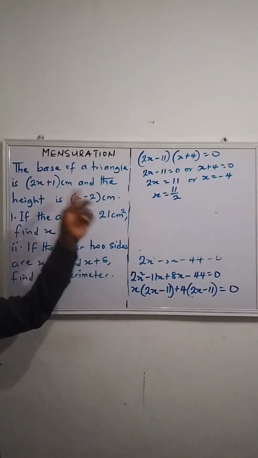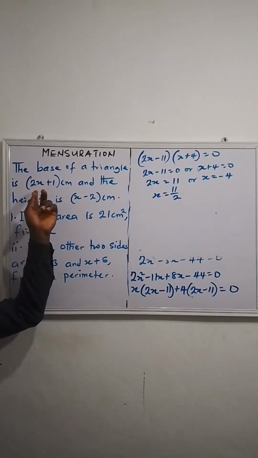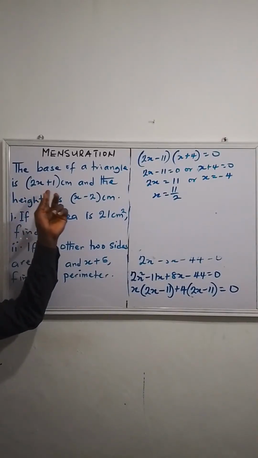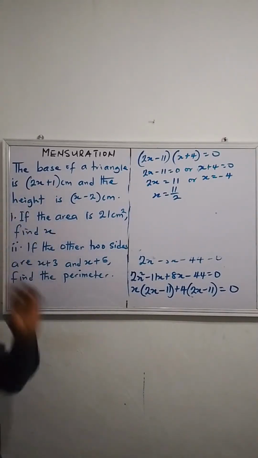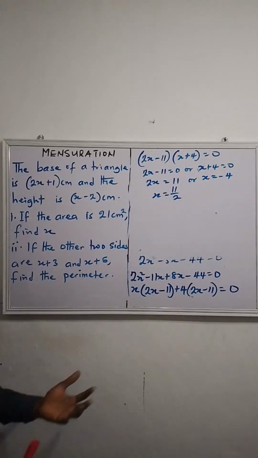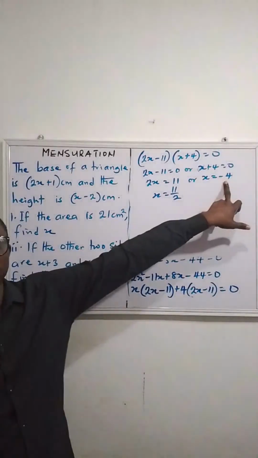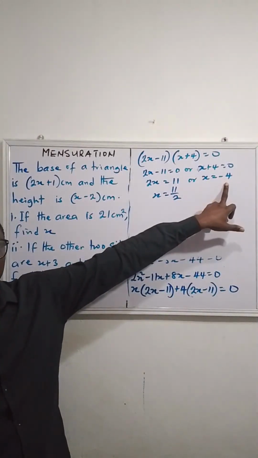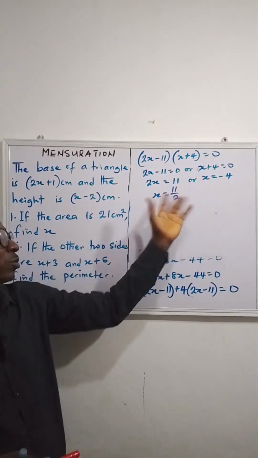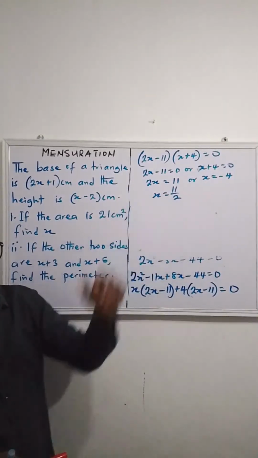When you input negative 4 here, we have negative 8 plus 1, and that's negative 7 for the base. That will not be correct. So x is not negative 4, and we are not going to accept this. We accept this one because it is positive.